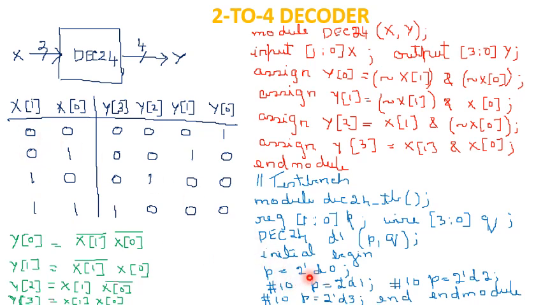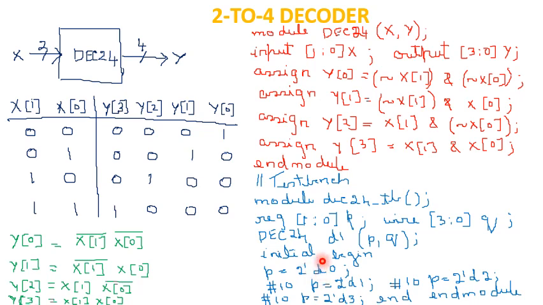For that I have taken the base as decimal. When you are representing the value in decimal for a constant, then the letter should be D. The first element here always means the number of bits. So for representing a 2-bit signal, the number of bits is 2. That is fixed.